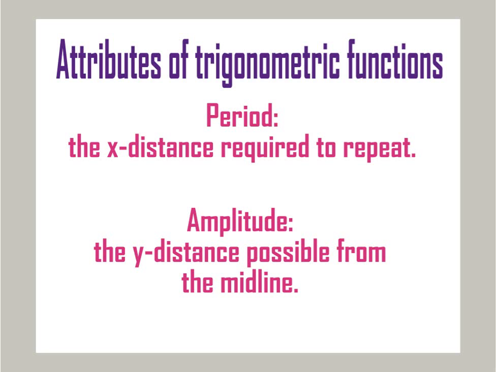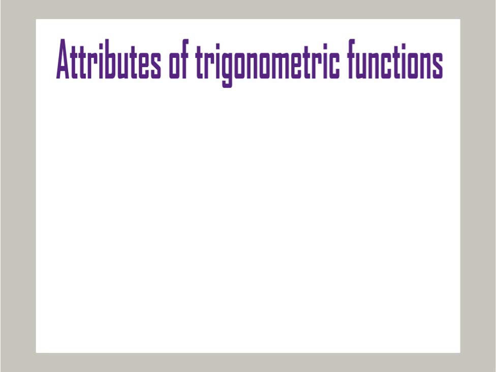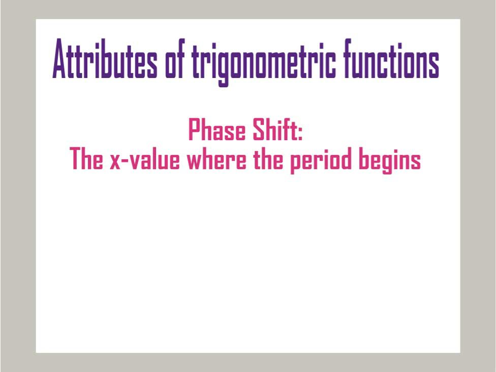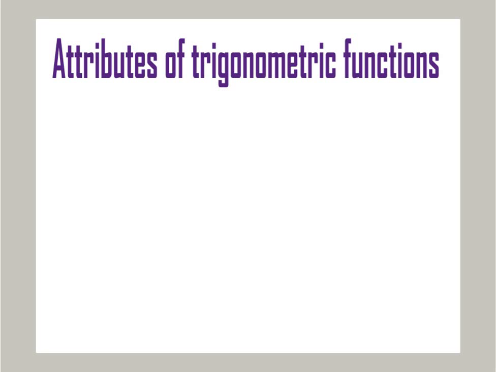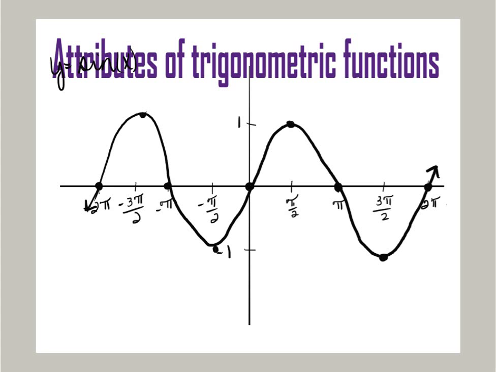And so those are two of the main attributes. Looking at the next attributes of trig functions, we find the phase shift, which is the x value where the period begins. So we know that on a parent graph, it normally takes 2 pi for it to repeat itself. Let's look and see where that normally begins. So here's a sine graph, not a cosine graph.